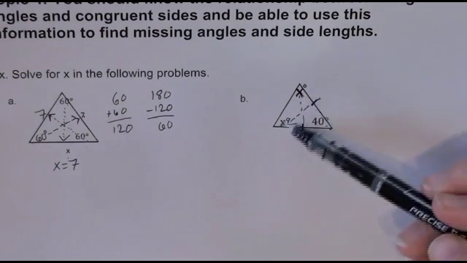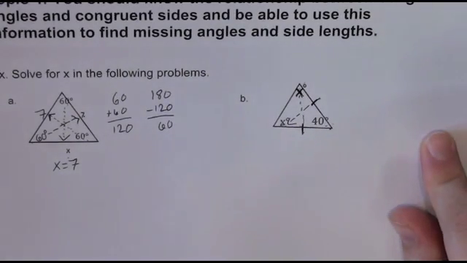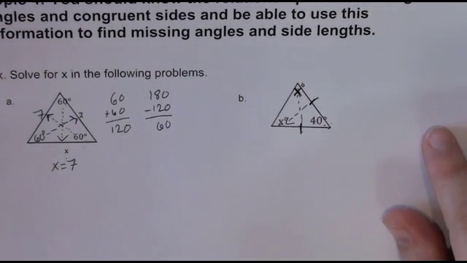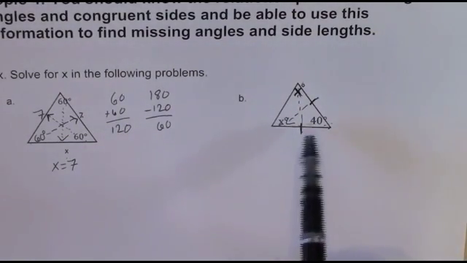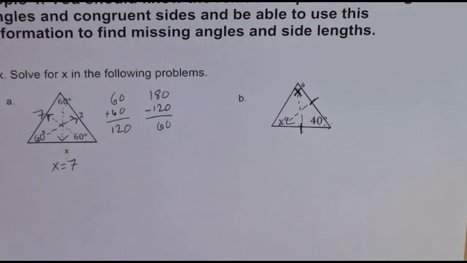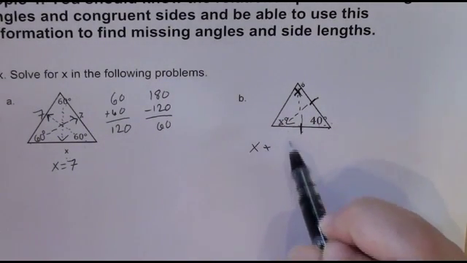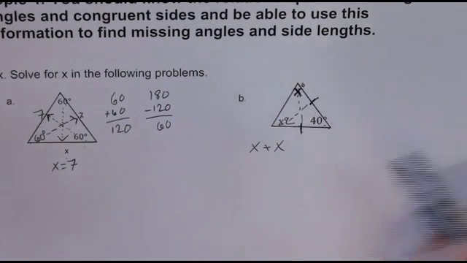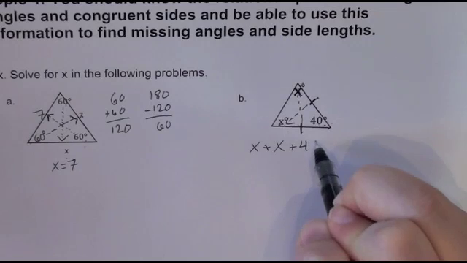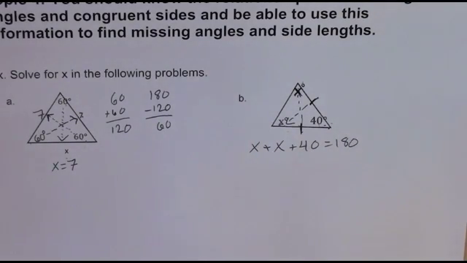Now, knowing that these 2 angles are congruent doesn't directly tell us the answer, but it does give us a situation similar to a previous topic where we know that the 3 angles of the triangle add to 180 degrees, and we can make an equation. The first angle, x, plus the second angle, x, plus the 40-degree angle has to equal 180 degrees.